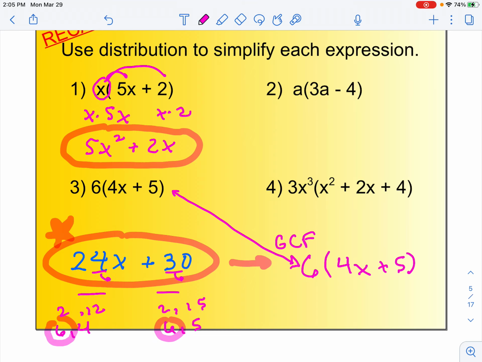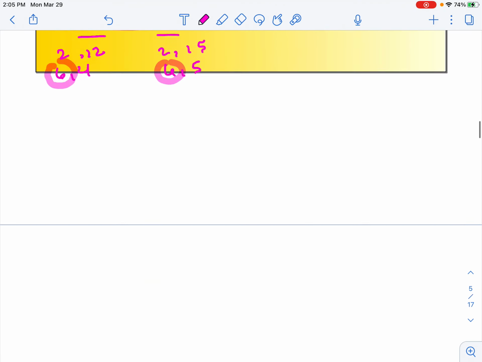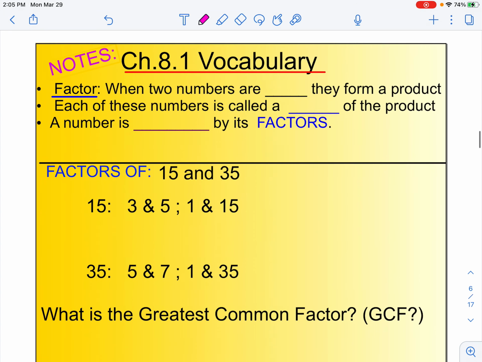So that's kind of a preview of, again, what we're doing with factoring using greatest common factor. So I'll work out the other two, questions 2 and 4, just for the multiplying piece for you to see and practice. Because again, the more you understand multiplication and how it works, the easier it's going to be to divide. So here's some vocabulary.